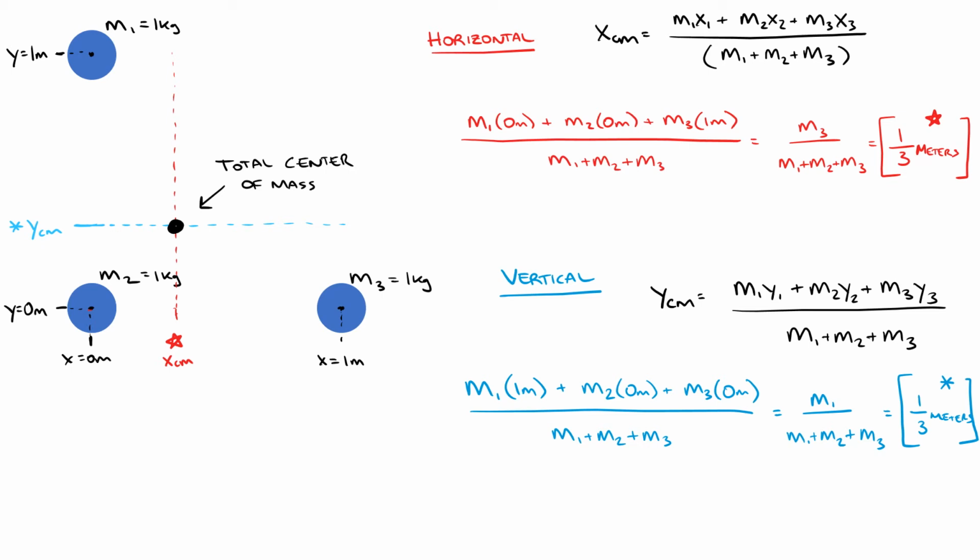So that means 2 and 3 are 0. Pretty much the same exact result. One-third. This one was 1/3 right here.